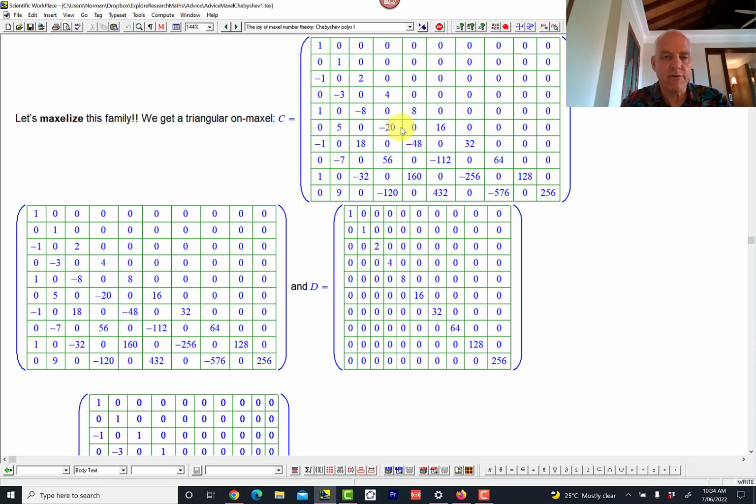The Chebyshev Maxel, let's call it, is C. And now let's introduce this diagonal matrix with powers of 2: 2 to the 0, 2 to the 1. There's also a 1 up here that's maybe more questionable, but we'll stick a 1 in there to make it invertible. And then what we're going to do is factor out these powers of 2 that are in the columns here.